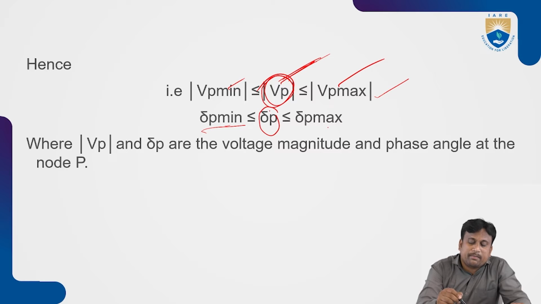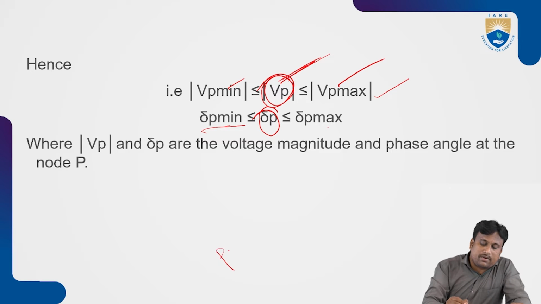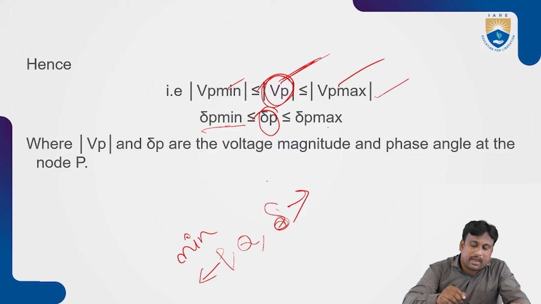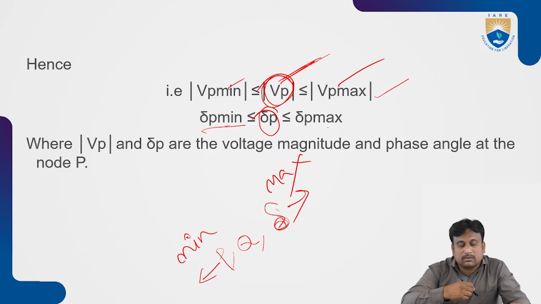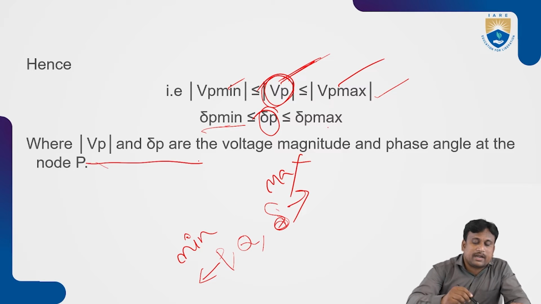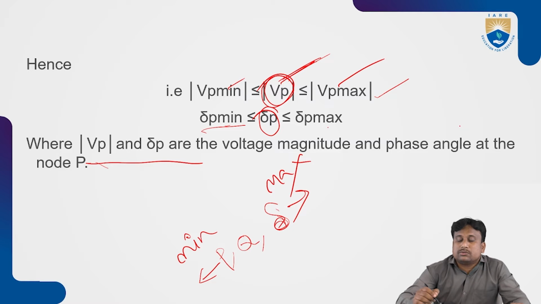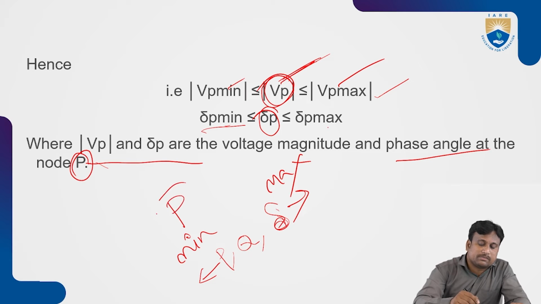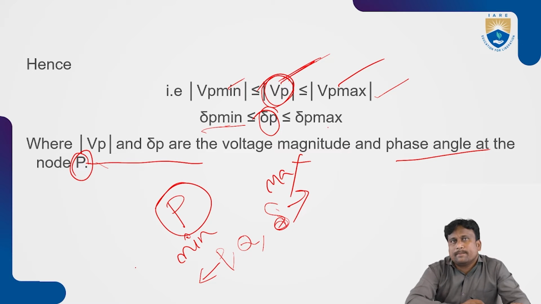Every parameter, whether real power term coefficient, reactive power term coefficient, or power angle coefficient, should be within the prescribed limits, from minimal to max. These are treated as voltage magnitudes and phase angle magnitudes, at the respective bus or node P.